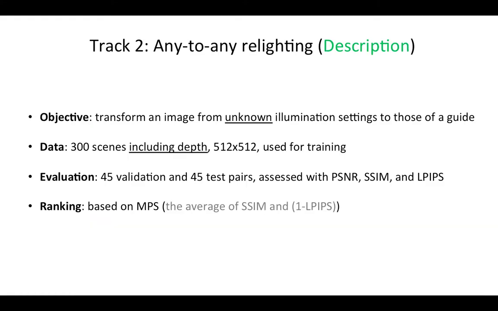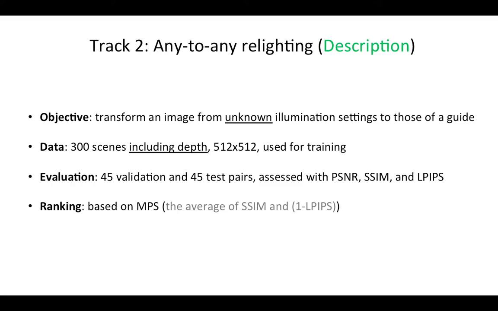The second track of the competition is any-to-any relighting. The objective of this track is to transform an image from a known illumination setting to those of a guided illumination setting. The training dataset contains 300 scenes, including depth information.